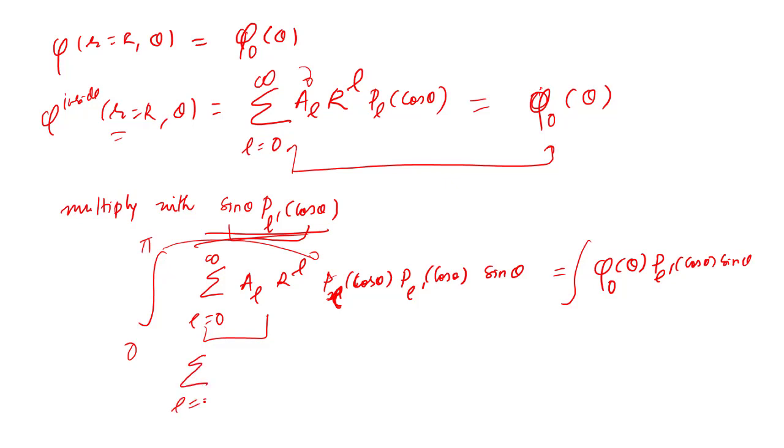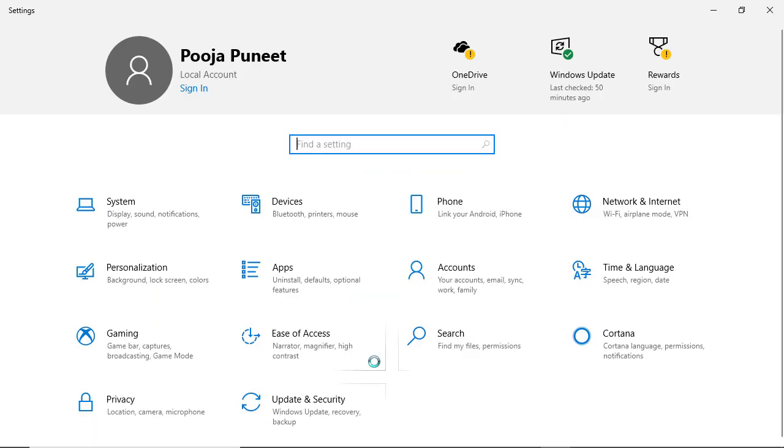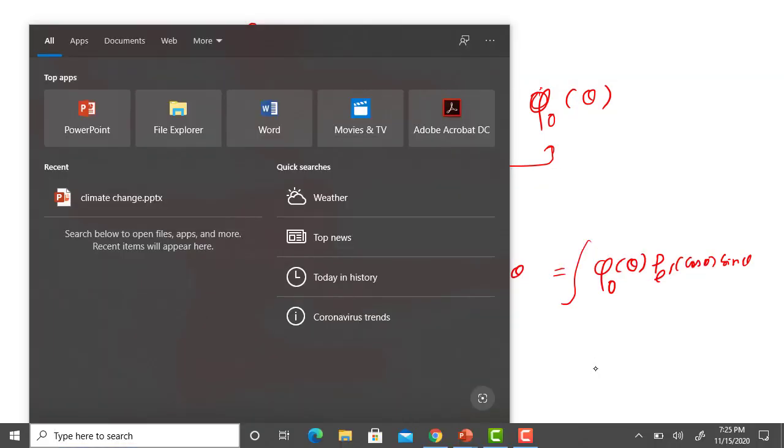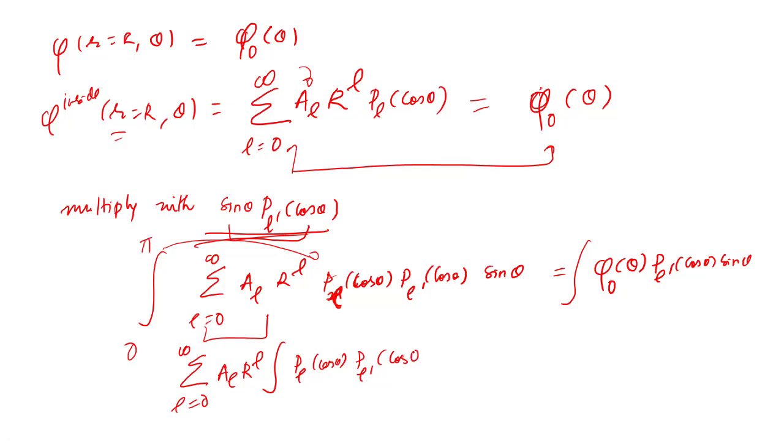So I would have the sum over L equals 0 to infinity of A_L R to the power L, integral from 0 to pi of P_L cosine theta, P_L prime cosine theta, sine theta d theta, and the same thing on the right, the integral from 0 to pi of phi 0 theta, P_L prime cosine theta, sine theta d theta.